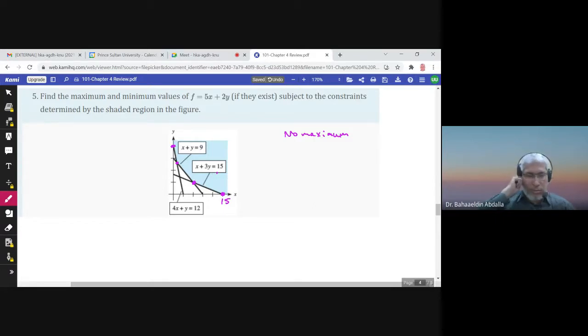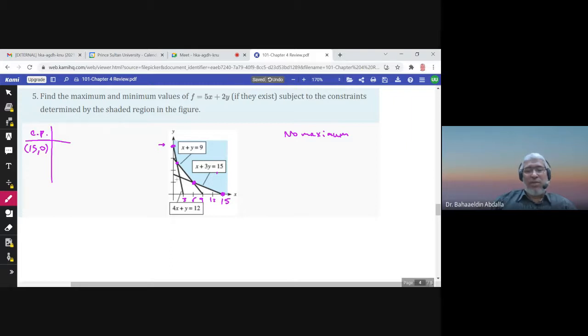So I know now that the unit of measure is 3 because this is 3, 6, 9, 12, and this would be 15. But the unit of measure is not important here. The important thing is to determine the corner points. And I know now that one of the corner points is 15 and 0. And I need to determine this one.